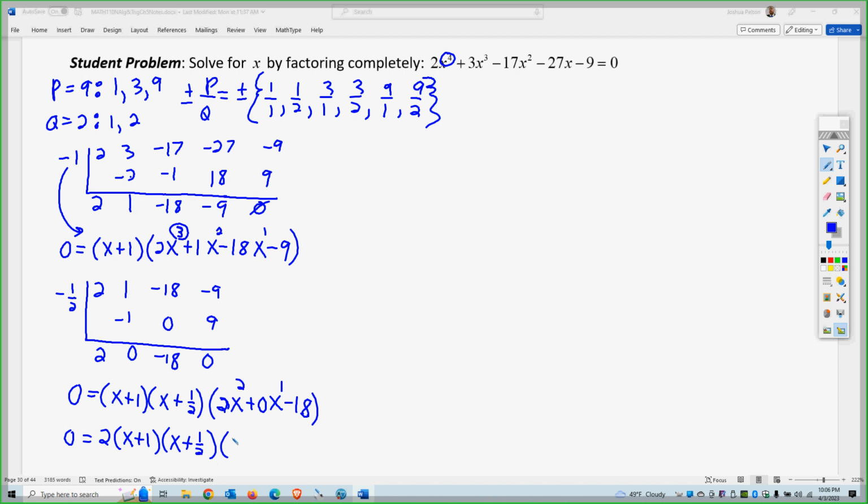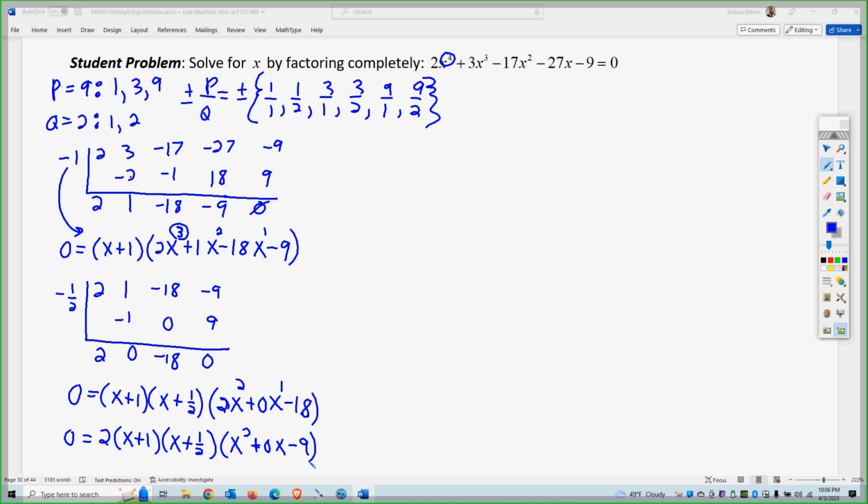So I'm left with x squared plus 0x minus 9. Okay, so I think we're good. We're going to factor the other way anyways, but the 2 will actually work out.